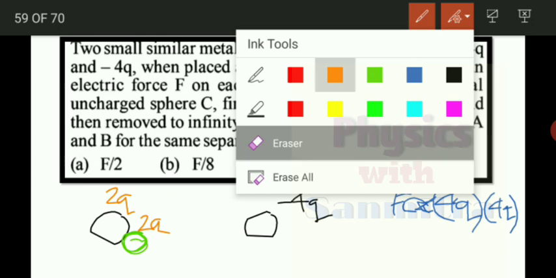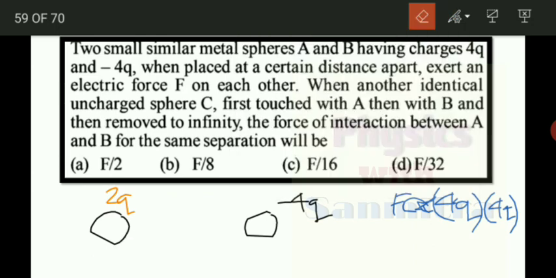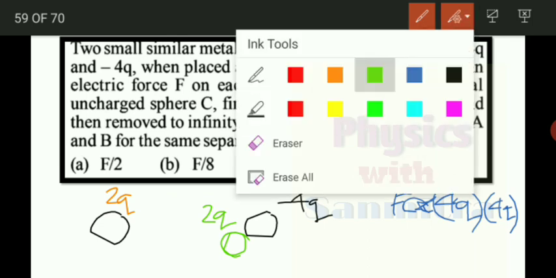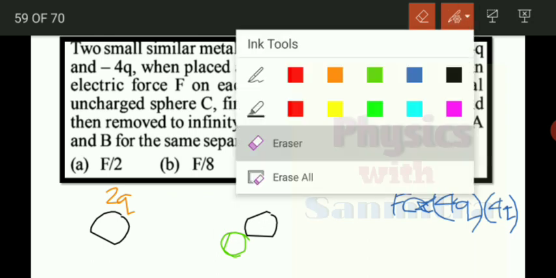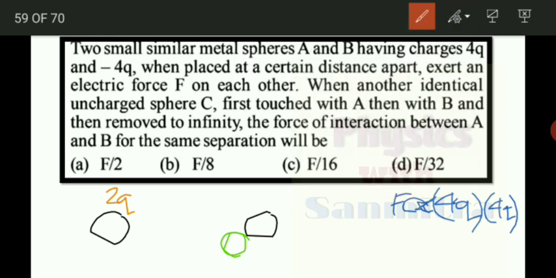Now I am removing this one from here and touching the sphere of charge 2q with the minus 4q sphere. Now minus 4q plus 2q is minus 2q. This net charge of minus 2q will be distributed equally between these two, that is, minus q and minus q.